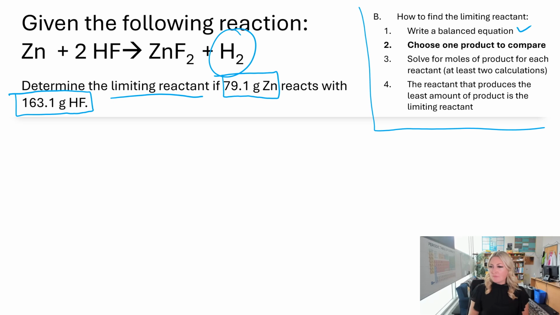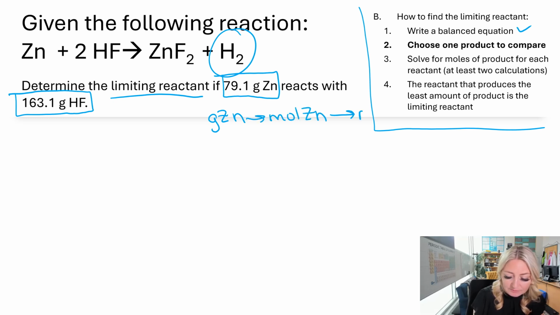We're going to solve for moles of product for each reactant. Okay, so what we're going to do is go from grams of zinc to moles of zinc, and then we will convert to moles of our product. This is going to require a mole ratio because the substance changes.